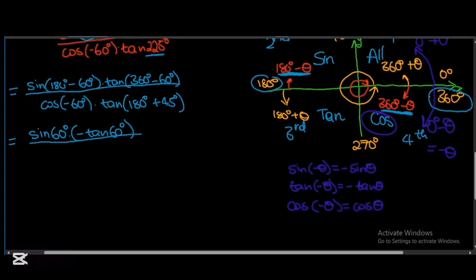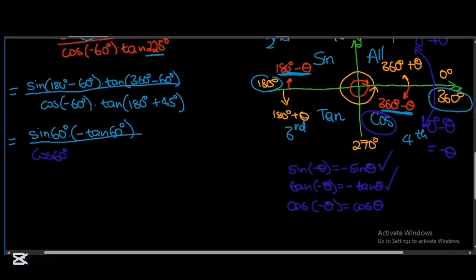Because remember, on the fourth quadrant only cos is positive, so sine and tan will be negative. So now, let us change this. This will be positive cos of 60 degrees.